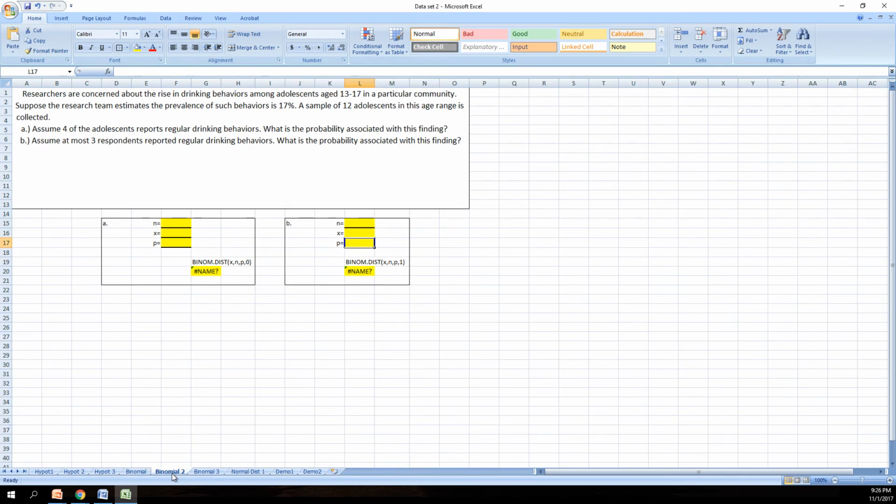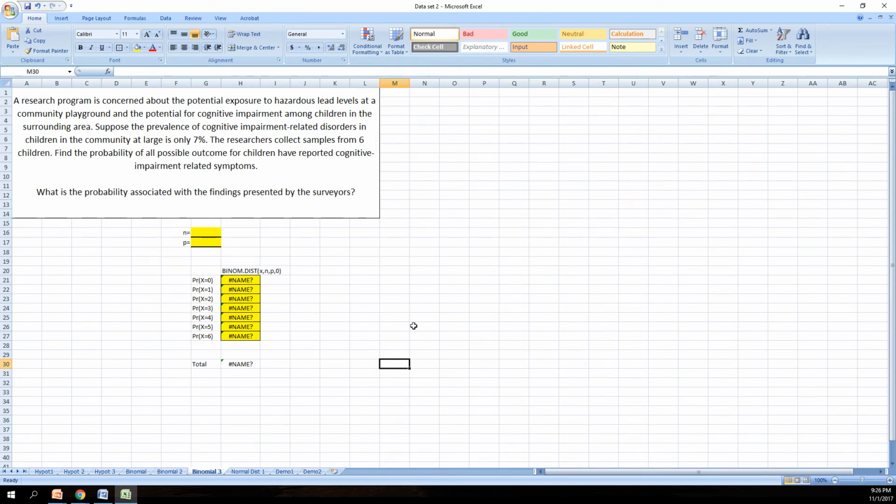The only one I wanted to actually go ahead and show you again was on binomial 3, the tab at the very bottom, the third one. I want you to find your n and p, and then I want you to actually calculate the total probability for each individual amount. There are 6 samples, so I want you to calculate the probability of 0 to 6 for each one.